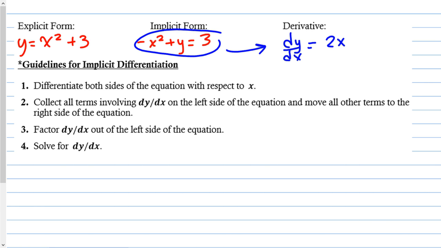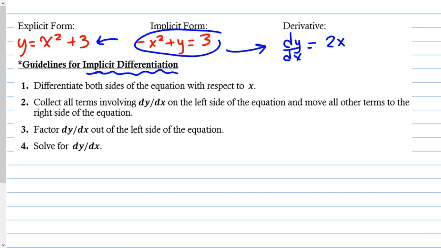Sometimes, when it's as simple as this, you can just make it into explicit form. But most times, implicit differentiation is required, because that's what this section is about: you can't actually separate the y or y's from the x's. So you have no choice but to derive as is.